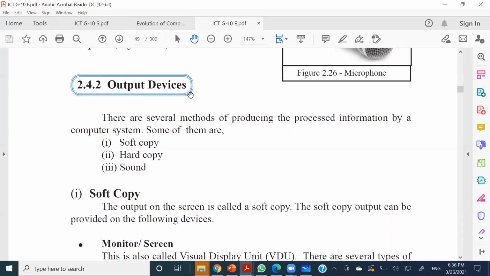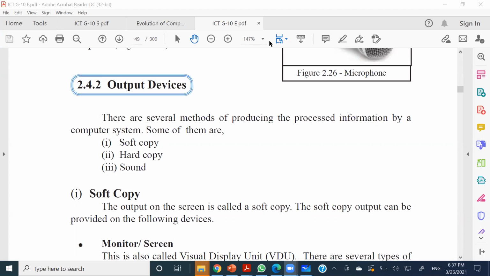So we call it the soft copy. If you really need a copy that you can touch and feel, we need to convert these soft copies into a hard copy. To convert things into a hard copy, we can use printers. There are various types of printers which produce printouts, which we consider a hard copy.